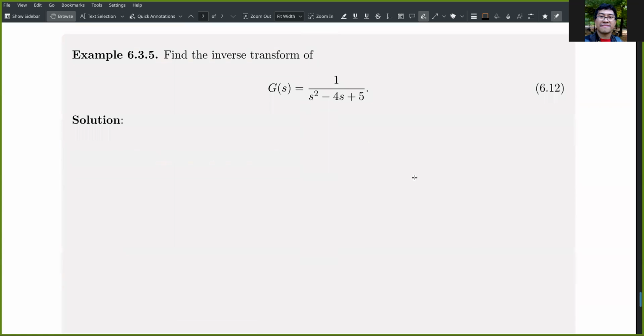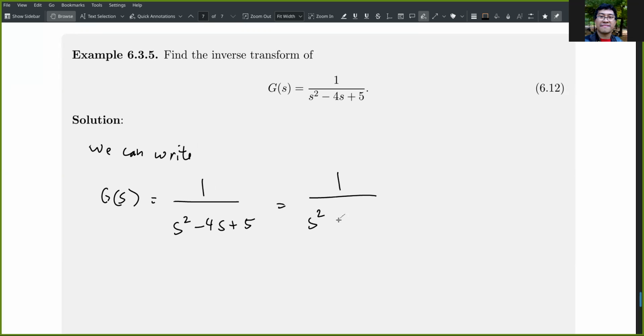Example, find the inverse transform of G(s) equals 1 over s squared minus 4s plus 5. We can write G(s) equals 1 over s squared minus 4s plus 5 as 1 over s squared minus 4s plus 4 plus 1, or as 1 over (s minus 2) squared plus 1.